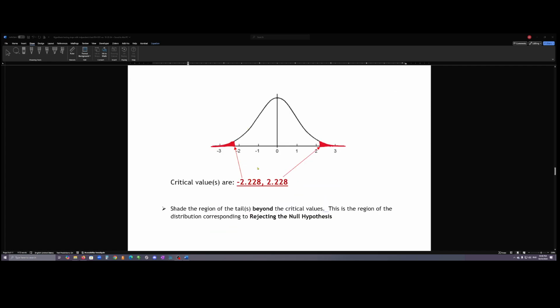So because it's a two-tailed test, we have a positive 2.228 over here, we have a negative 2.228 over here. And I've shaded in these regions which reflect the reject the null area. So if our calculated t-test statistic happens to be out in one of these shaded areas, it's out past the cutoff, and we would be able to reject the null.